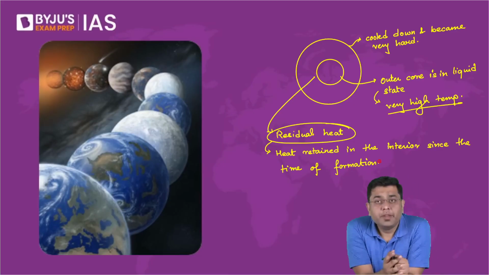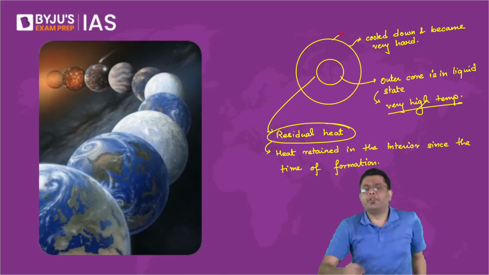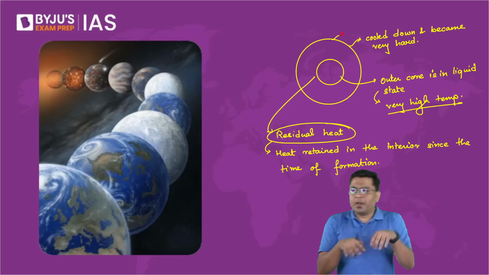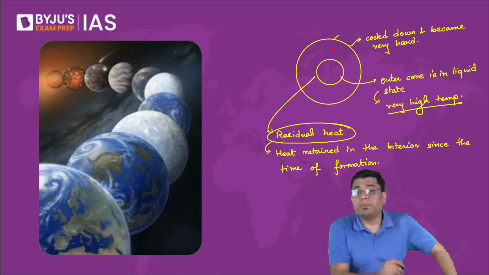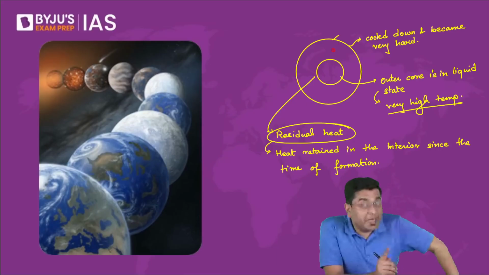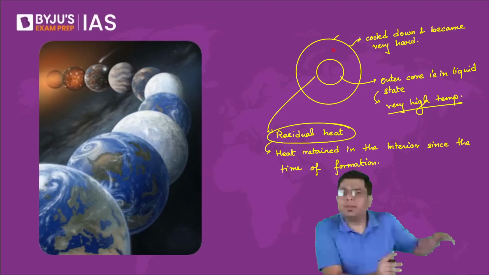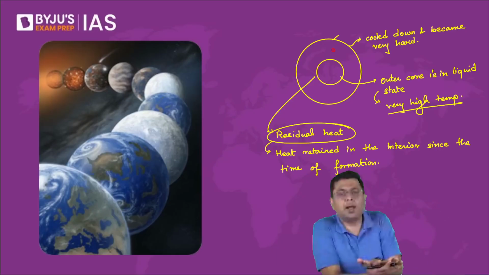Okay, so this residual heat is still considered to be a key source of all the various forces that the planet experiences, which come from the inside, what we will study as endogenic forces eventually. So all those forces are driven by this residual heat. Now, while the outer surface is very hard and brittle and can break easily, as you start going into the depth, that is in the region of the mantle, beyond a certain depth, materials are still solid, but they are very dense in a compressed state.